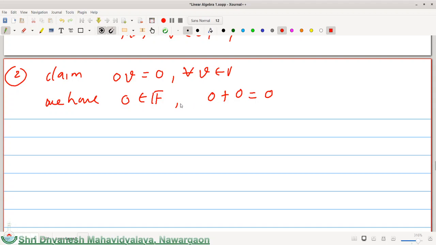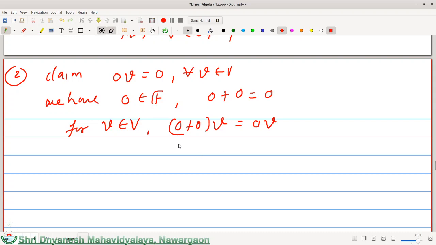Here we are taking 0 from F. Okay. So for a vector v of V, here what we need is v on the right hand side, so we post multiply this equation by vector v. So (0 plus 0) into v is equal to 0 into v.